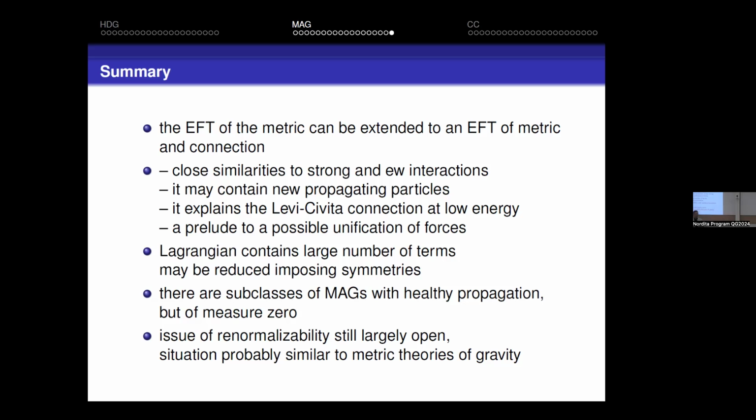From this point of view, I'm inclined to think that the connection may be more fundamental than the metric itself, because in these other examples, the order parameter is not a fundamental field. But okay, this is perhaps more for the discussion sessions.